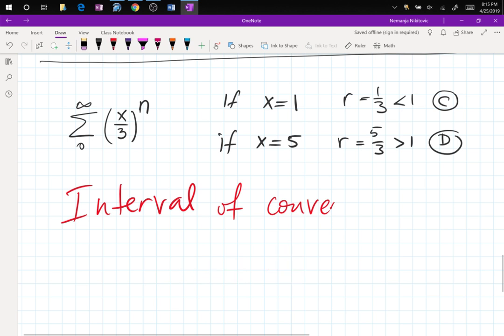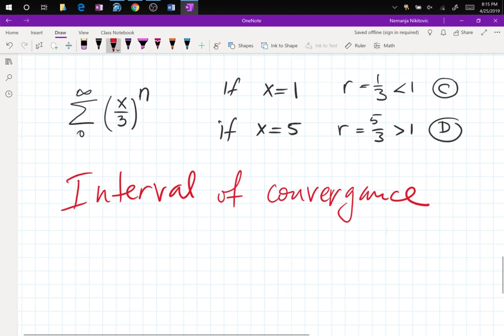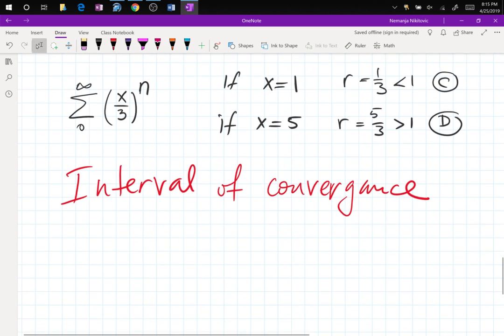But I'm going to prove this using the ratio test, so we're getting there. Interval of convergence. Use the ratio test.